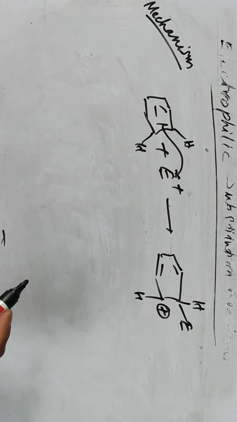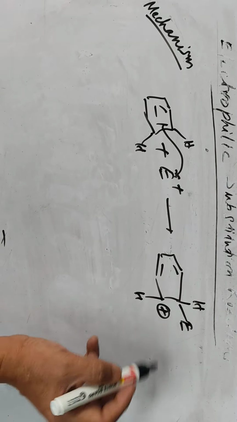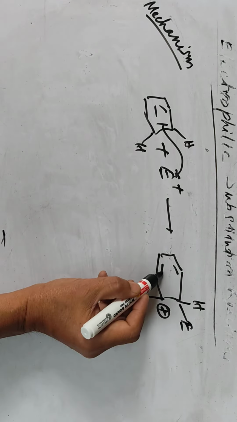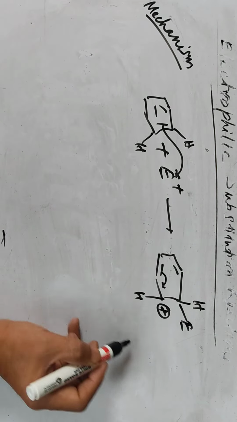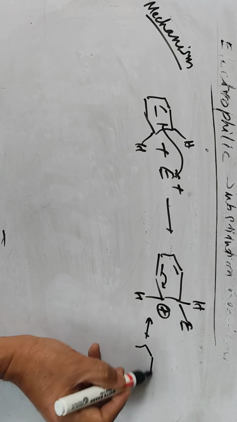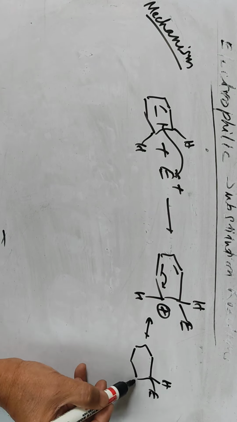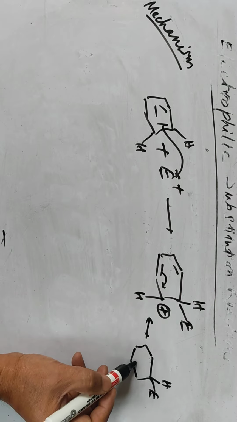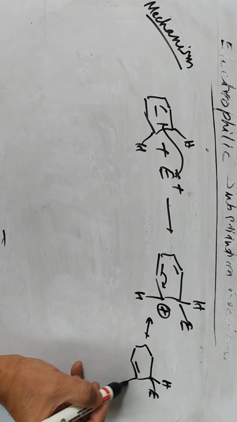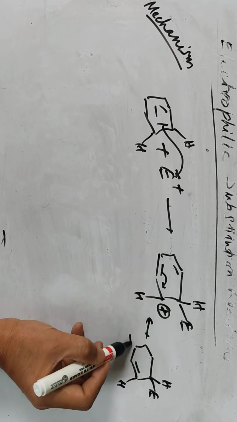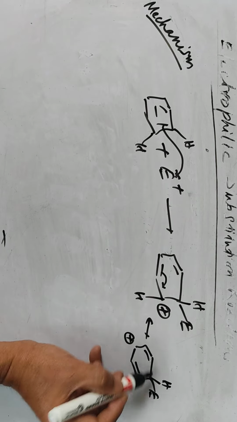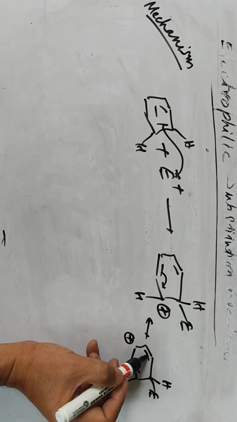Okay, so this carbocation can be delocalized like this. So we can draw many resonance structures here. The positive charge moves around the ring, then again delocalizes.